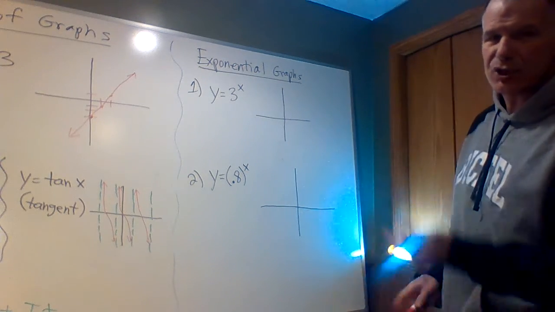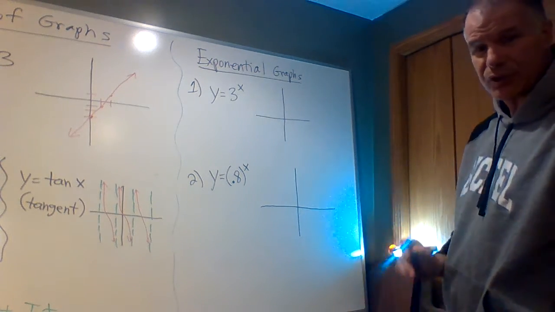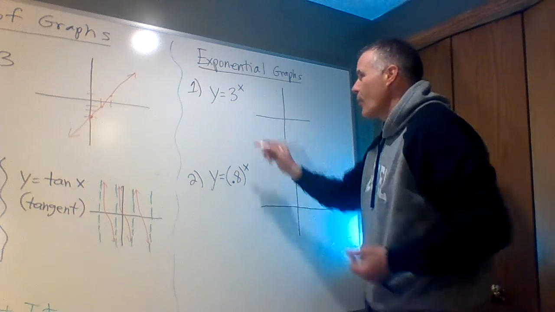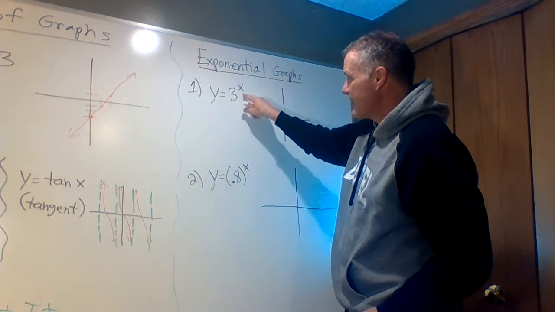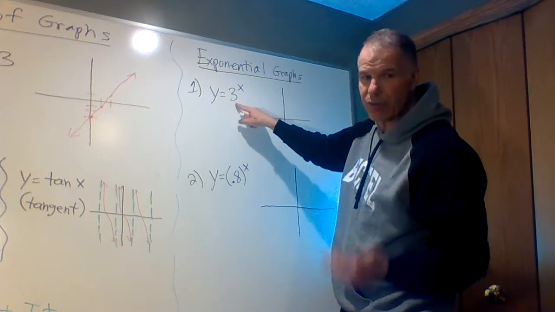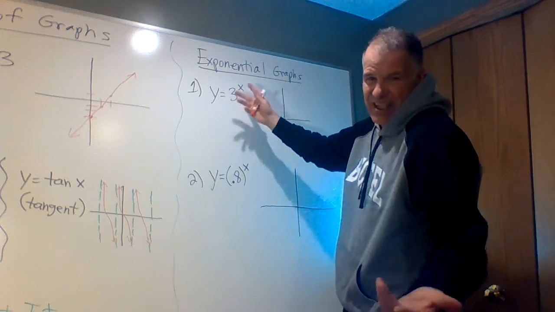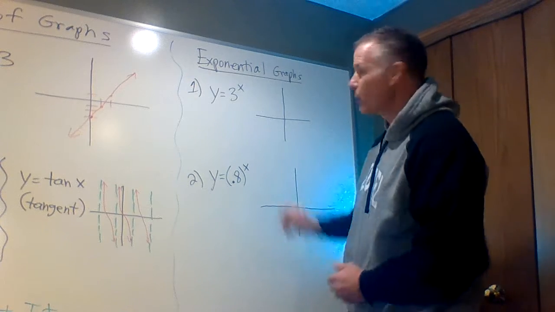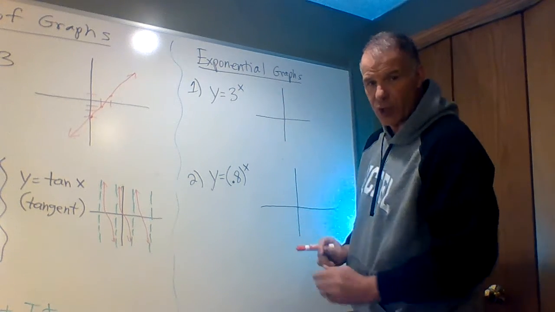Now, there's basically two types, and I'm just going to show those to you. It's not a huge deal. But when the base of the x is bigger than 1, a 2, a 4, anything, even a decimal like 1.5, 1.5 is bigger than 1, this is an exponential growth.